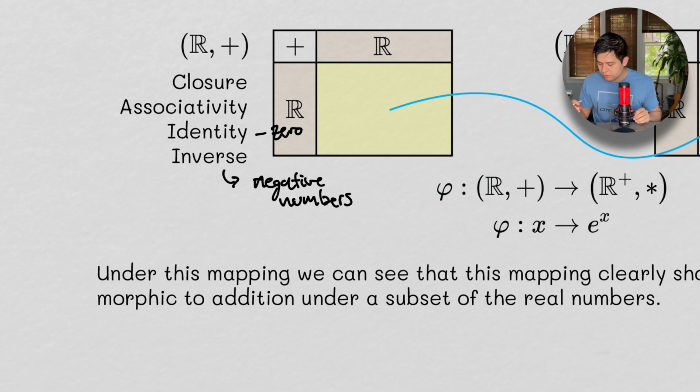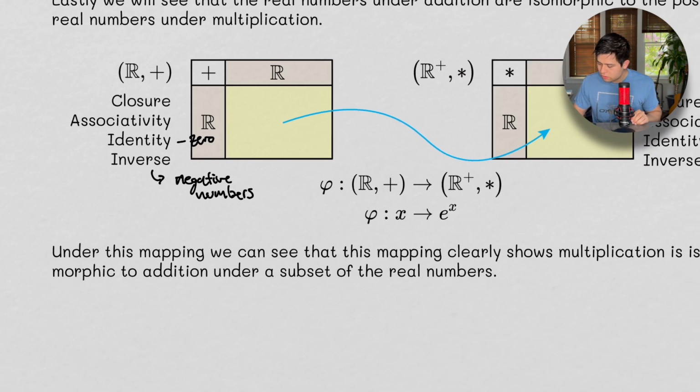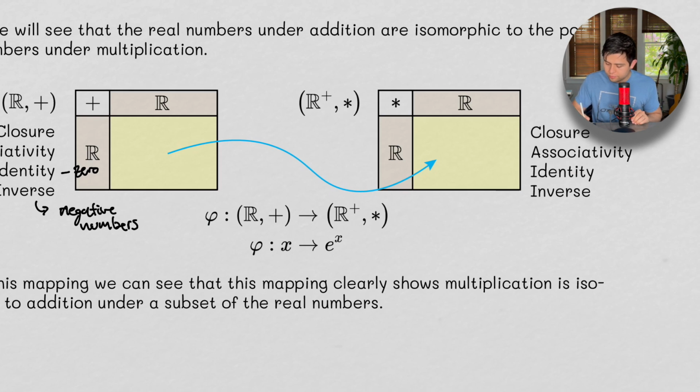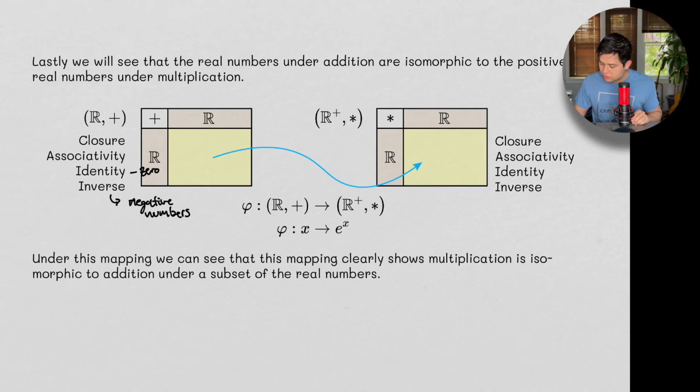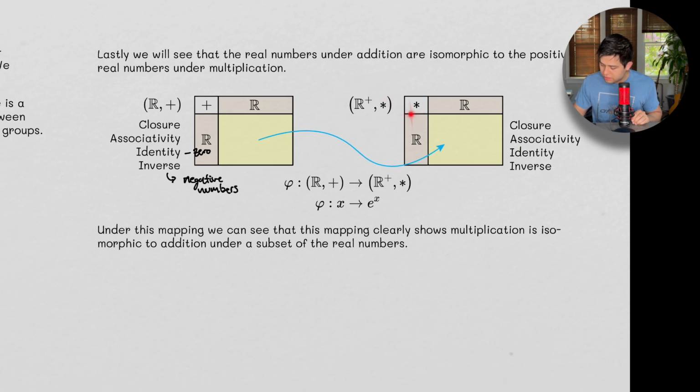All numbers obey those rules. And then we have, and we're saying that they're isomorphic to this group here. So we're now restricting ourselves to positive real numbers under multiplication. Again, they obey closure, it obeys associativity, as we know.